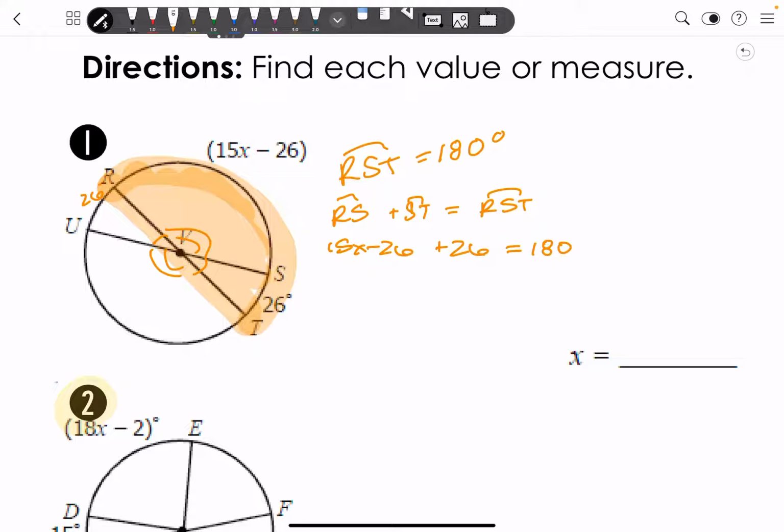All right, so I get 15x. These actually end up canceling out. It's kind of nice when they simplify. And it gets you 180, which means you divide both sides by 15. And that means x is going to equal 12. And it's really that easy. You're just solving equations all over again.